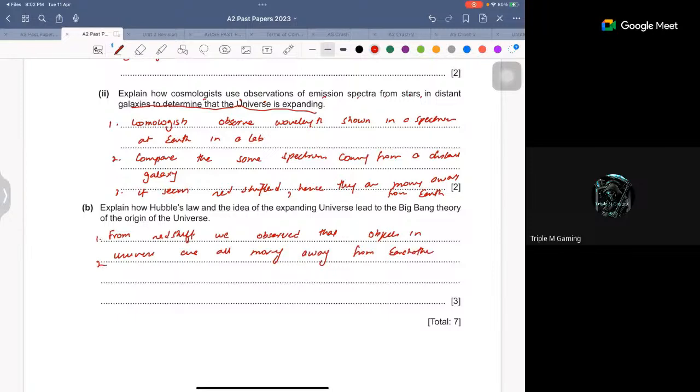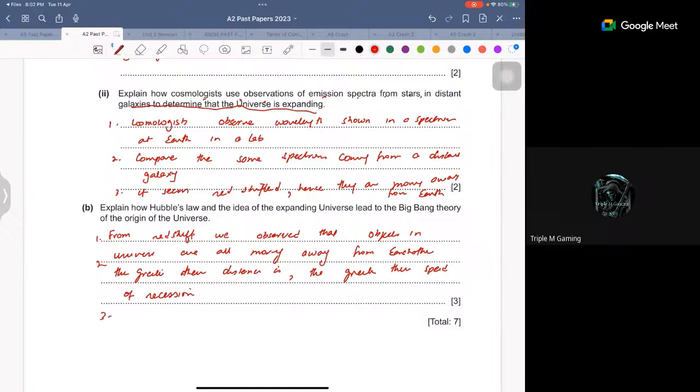Number two, the greater the distances, the greater their speed of recession.